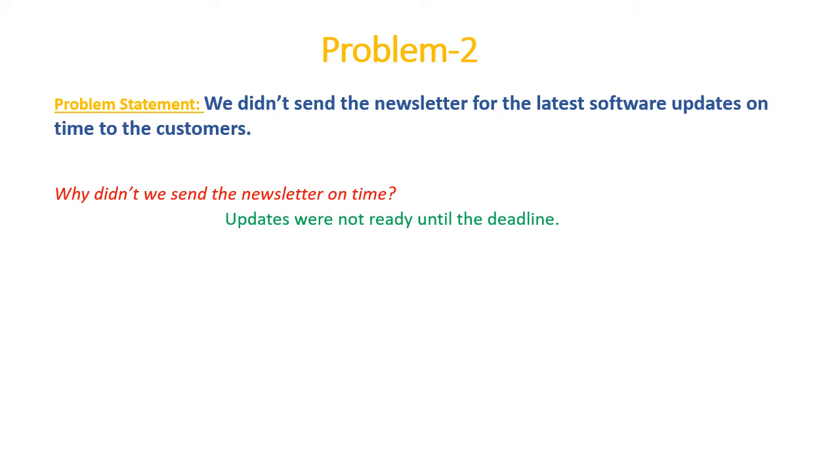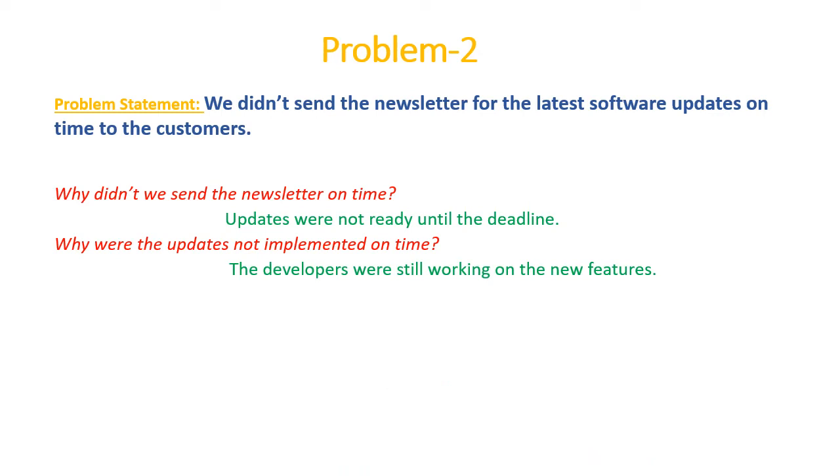So the next question comes, why are the updates not implemented or not ready on time? Because the developers are still working on a few features. Okay, next question will be why the developers are still working on some new features.